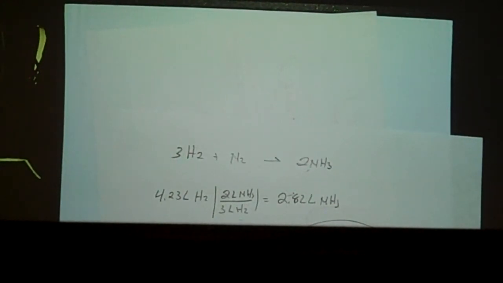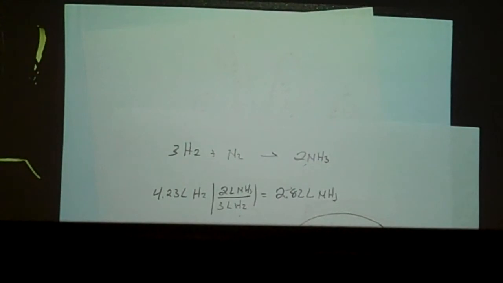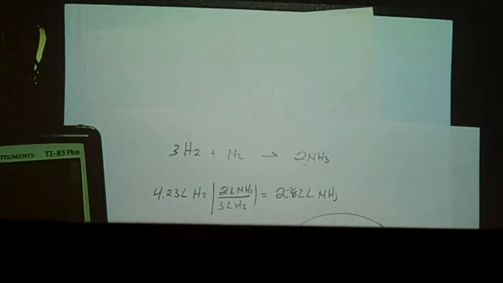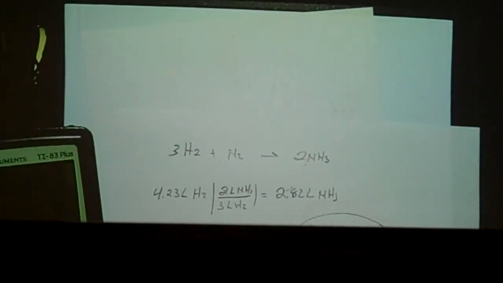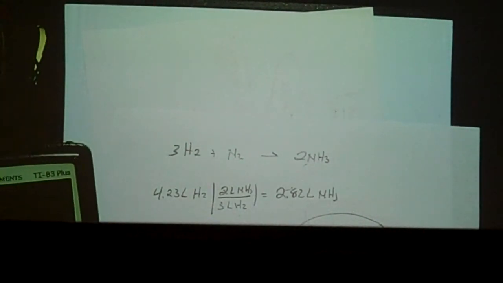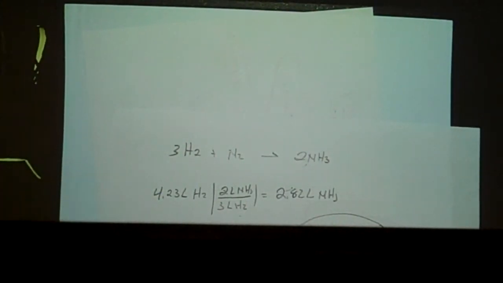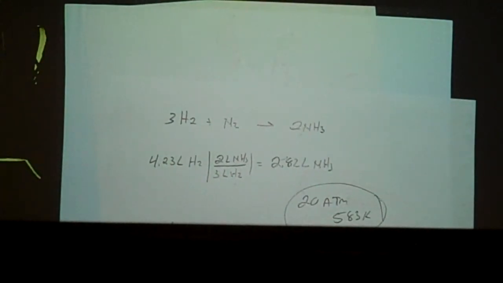So I want to first convert that to moles of hydrogen. So moles, n is PV over RT. Pressure, 20 atmospheres. Volume, 4.23 liters. R, 0.082. Temperature, 583 Kelvin. Quickly, do that math. 20 times 4.23 divided by 0.082 divided by 583 equals 1.77 moles of H2.